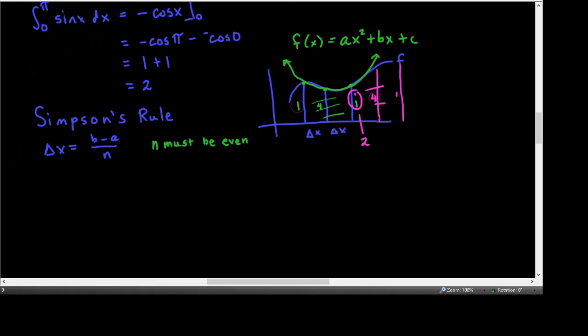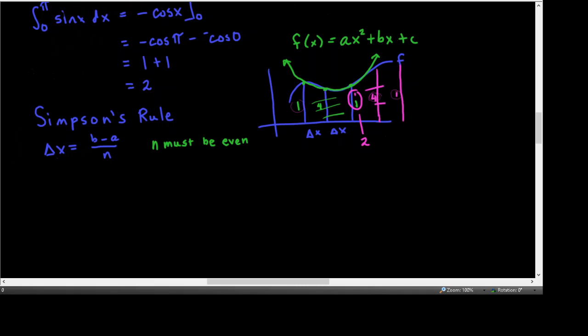If we only had these 4 subintervals, the second to last one would be used 4 times, and the very last one once. So it starts with 1, then alternates 4 and 2, and ends with a 4 before the last one. And that's what Simpson's Rule will look like.